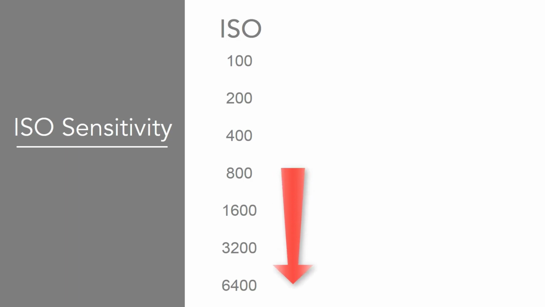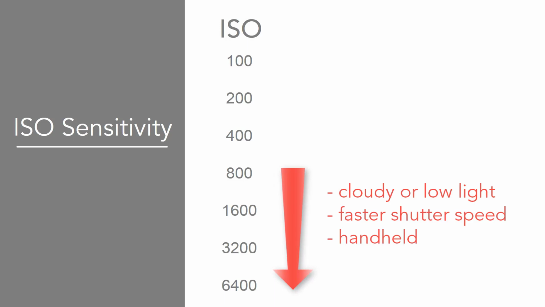A higher ISO, such as 800 or higher, is good for taking photos outside when the weather is cloudy, or inside in an area with low light. When the ISO is set higher, it allows you to take a well-exposed image when using a fast enough shutter speed so that there is no blur.